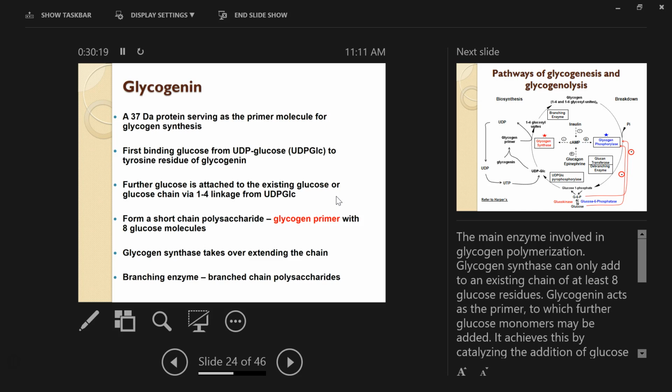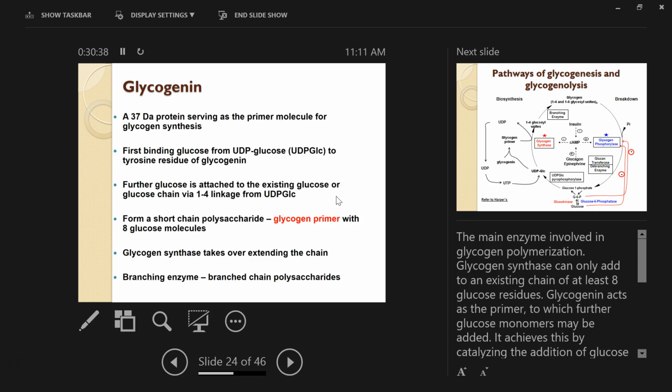Glycogen primer usually contains the glycogenin with a linear chain of 8 glucose attached to it. So this is a glycogen primer.